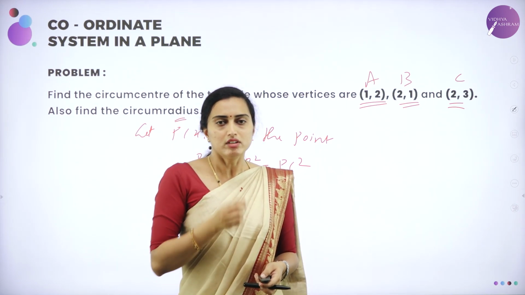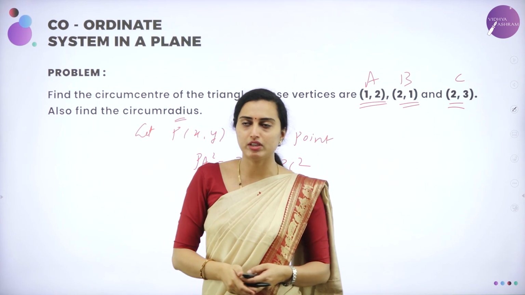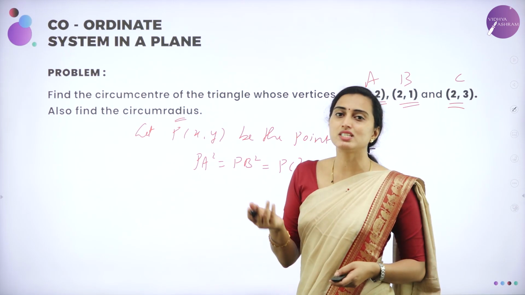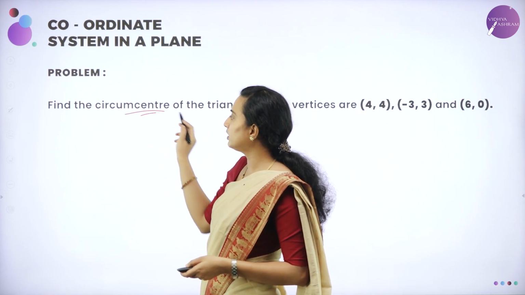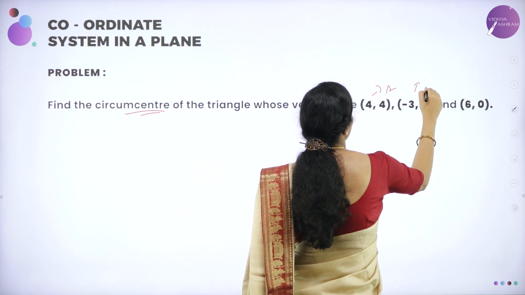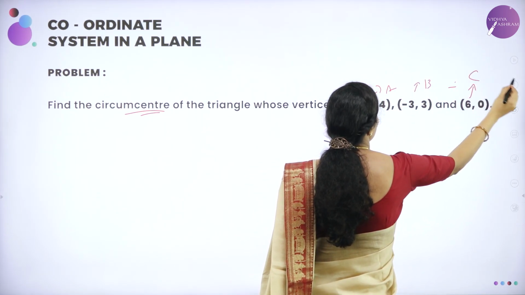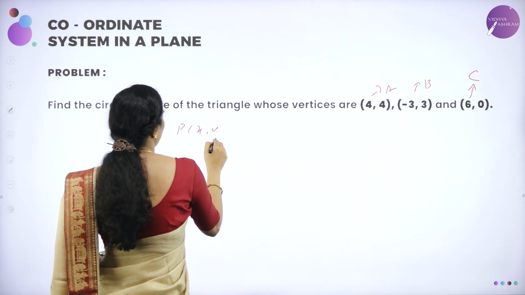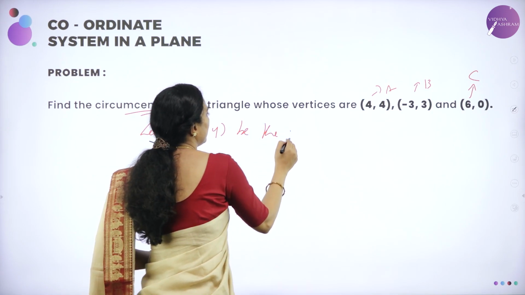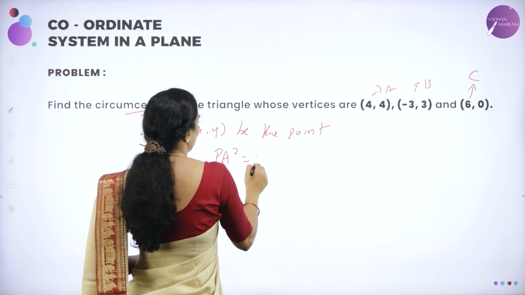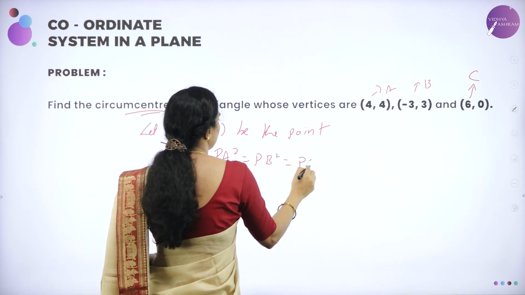That's it. Okay. So whatever they ask, the circumcenter or the radius, will use the same formula. Radius means distance you are going to have. Then you are going to have it as find the circumcenter of the triangle, same, by taking this point as A and B and this point as C. Let P of x comma y be the point, and then find out PA squared is equal to PB squared is equal to PC squared.